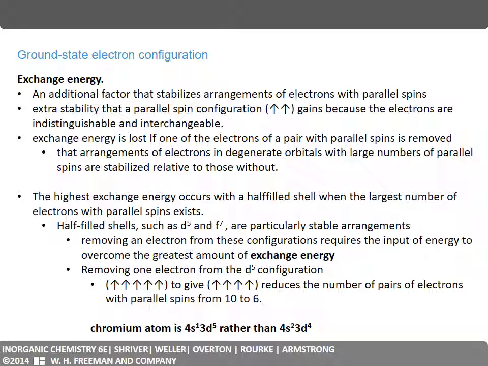Therefore, now remember this interchangeability and indistinguishable nature of these electrons. If we remove one of these electrons from this pair, this interchangeable nature is lost. Therefore, the exchange energy is lost.